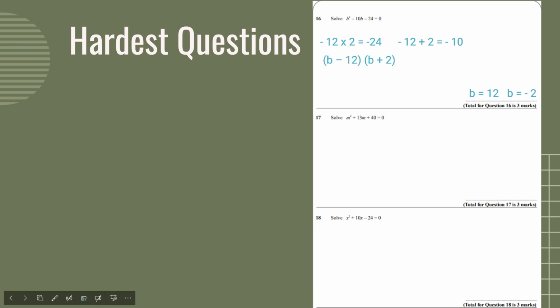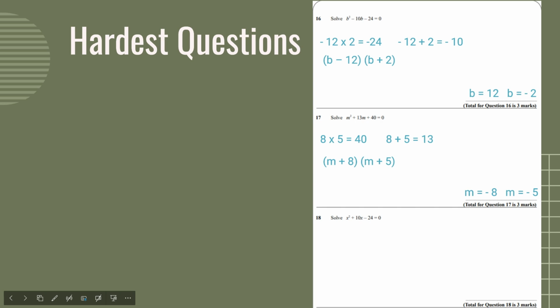In our second question, we're asked to solve m squared plus 13m plus 40 equals 0. 8 times 5 equals 40 and 8 plus 5 equals 13, giving our brackets to be m plus 8 and m plus 5. So our values for m are minus 8 and minus 5.